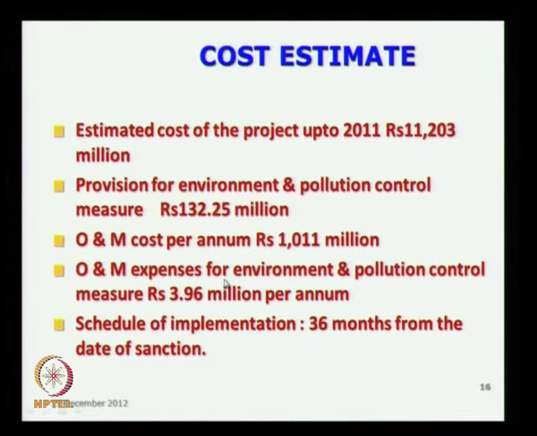Then these are the O&M cost for environmental pollution control measure, that is every year they will be spending about 3.96 million. And they will complete the total project in about 36 months time. It takes about 3 years to make the port operational, phase 1 and phase 2. Phase 1 they are planning to do in 18 months.